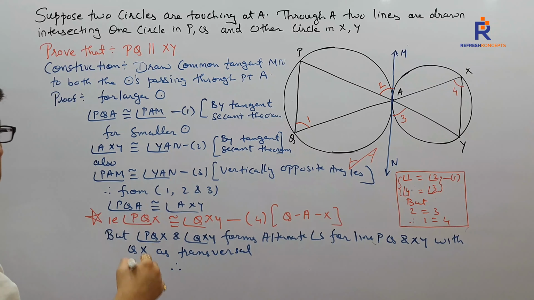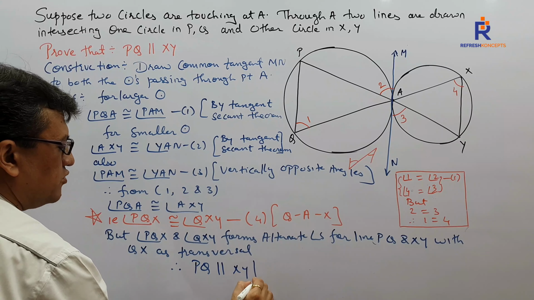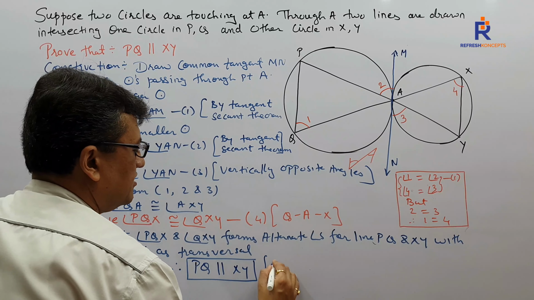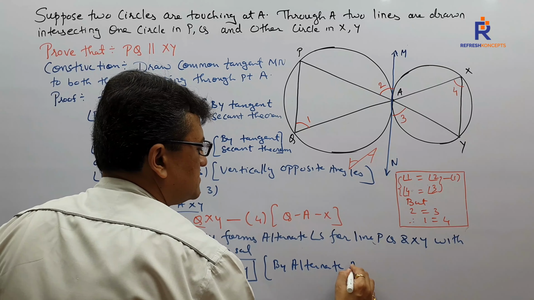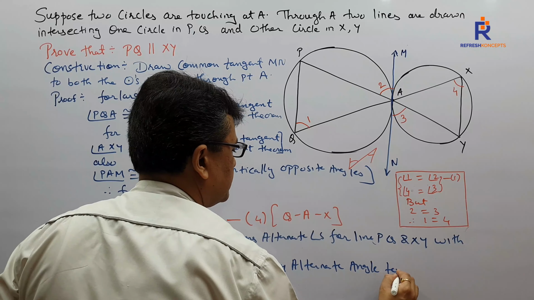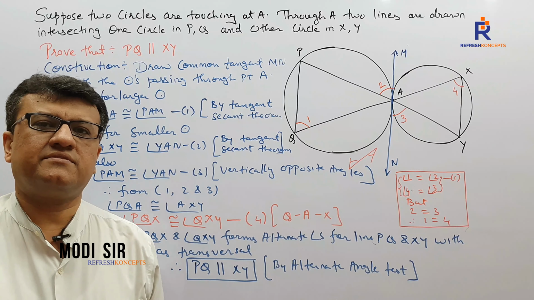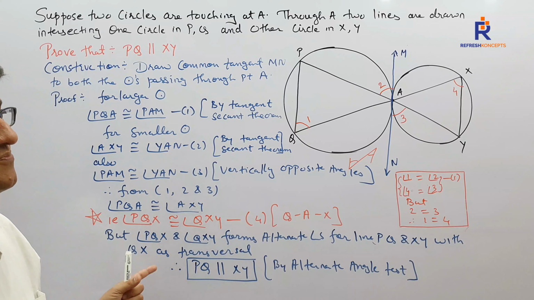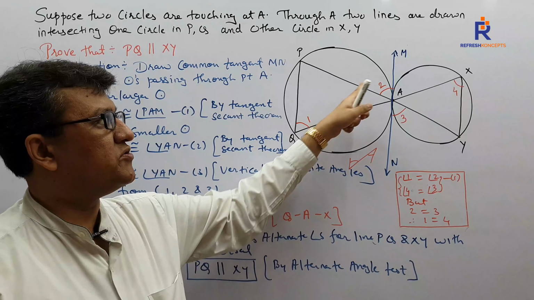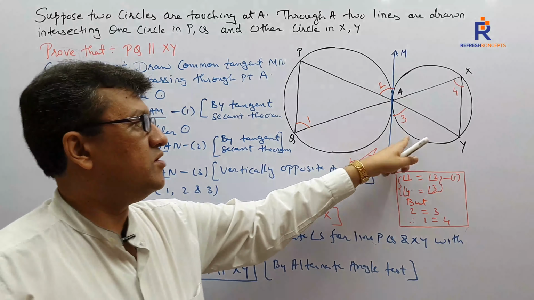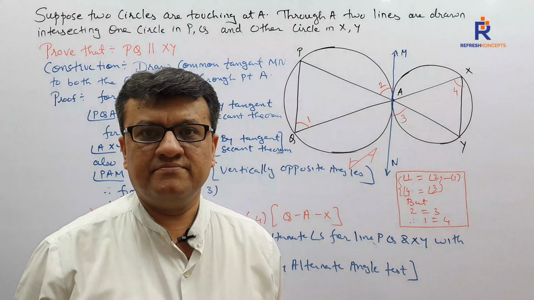Therefore, who is parallel to whom? PQ is parallel to XY. What is the reason? By the alternate angle test. Sum was quite simple. We just had to understand. Skeletally, 1 congruent to 2, tangent secant theorem, 3 congruent to 4, tangent secant theorem, 2 congruent to 3, therefore 1 with 4. Right?